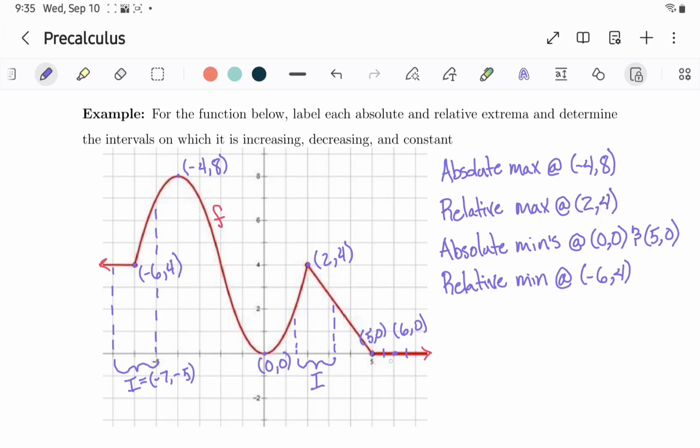That's due to the fact that f becomes constant for x greater than 5.